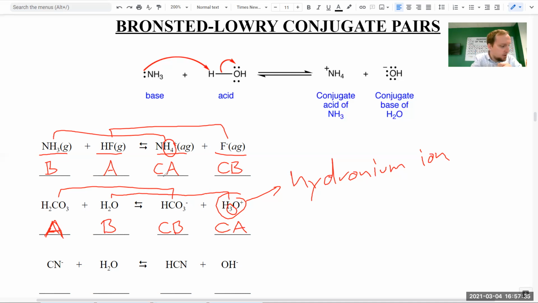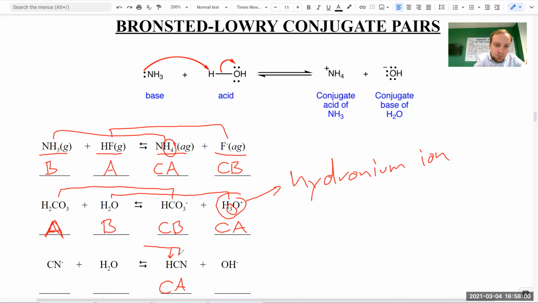Last but not least, or I guess we have two more, excuse me. We have cyanide, CN, and water makes HCN and OH. So this one's a little bit tough. We're going to have an HCN. This is going to be an acid because we have an H there. So that's going to be our conjugate acid.